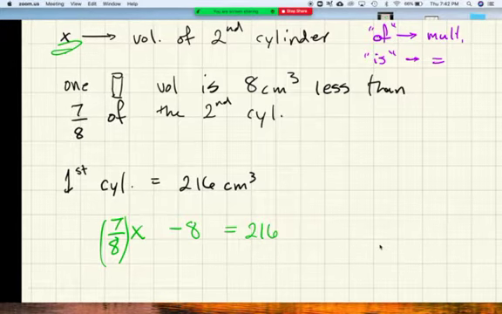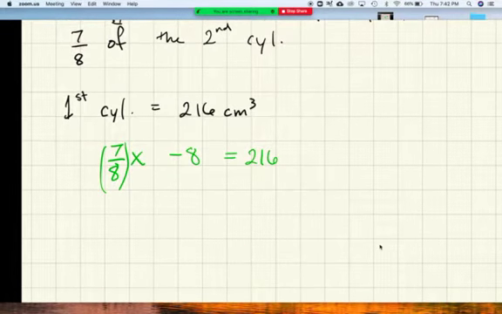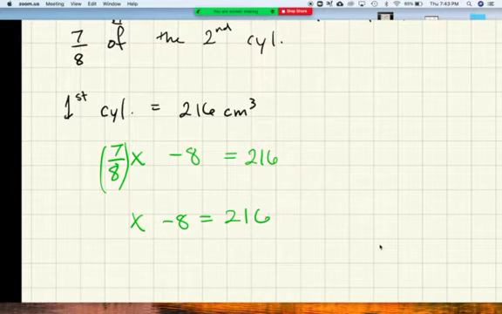Then I would convert the fraction to a decimal, add the 8, and then divide by the decimal. You want to try that right now? Convert it into a decimal, 7/8 is 0.875.